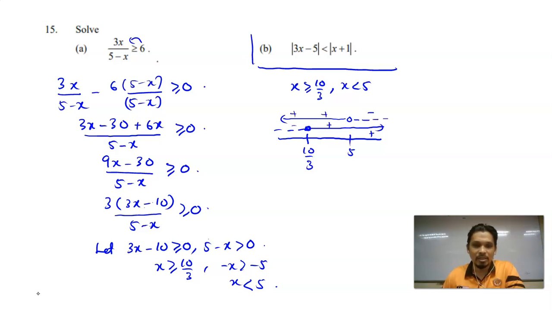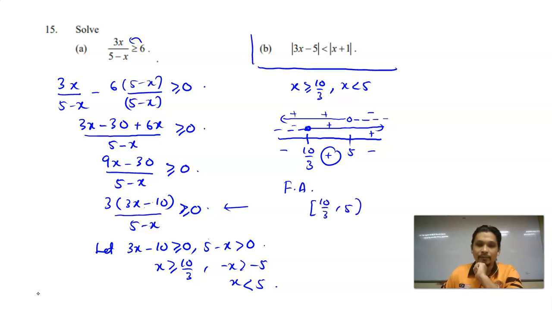Of course, divide between these two: positive divided by negative, negative, positive and negative. So the final solution set, which range are we going to choose then? Refer to this. And this one is greater than or equal to 0. Greater than is always a positive value, right? Then this one here. So the final solution set, final answer, is from 10 over 3 until 5.